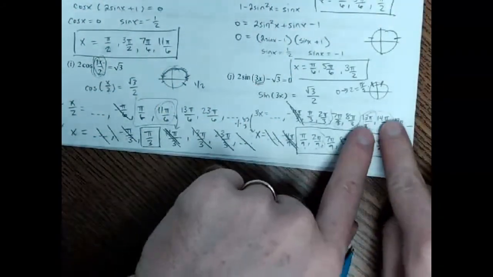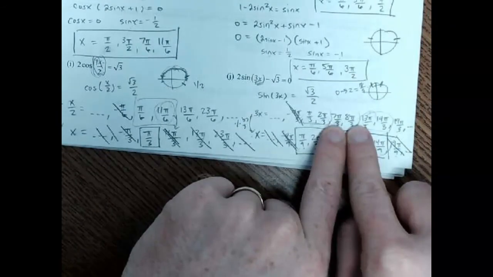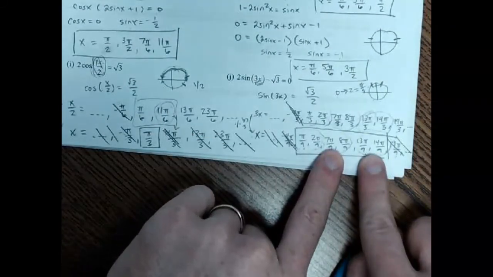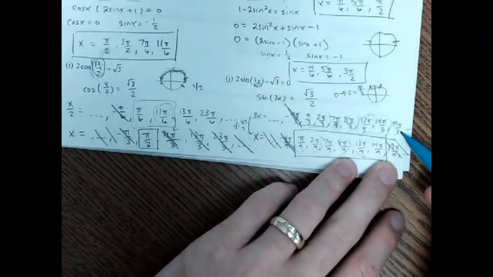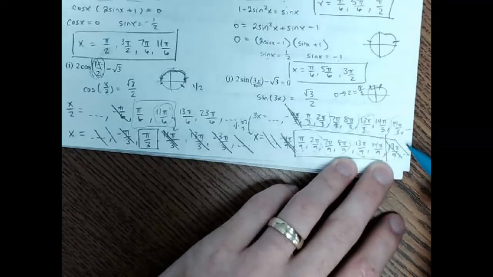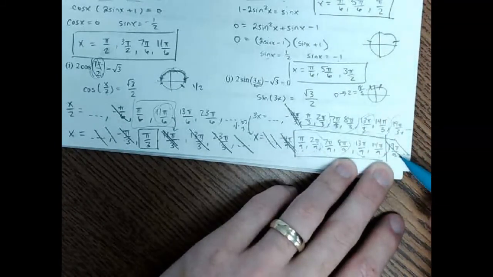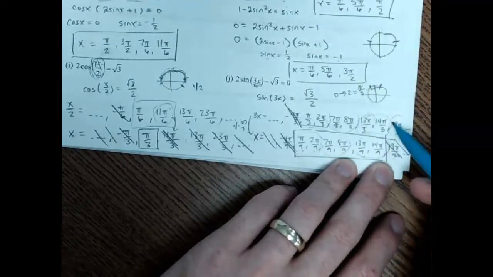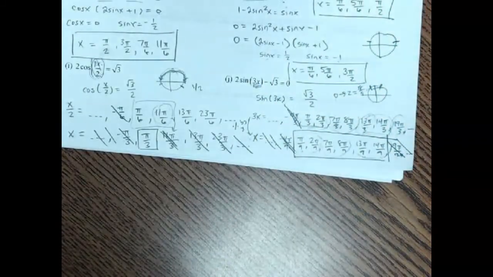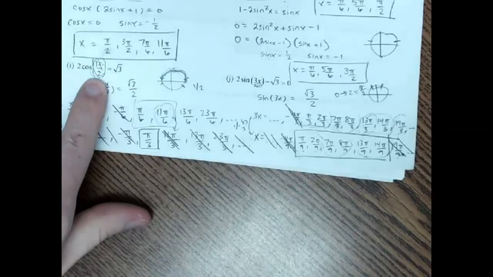So some stuff that starts off too big, when you divide it and make it smaller, is going to end up being okay. Now the 19 thirds was just way too big. Even when you took this and divided it and made it smaller, it was still too big. So you didn't need that 4th revolution. The coefficient tells you how many times or how far around the circle you need to go.